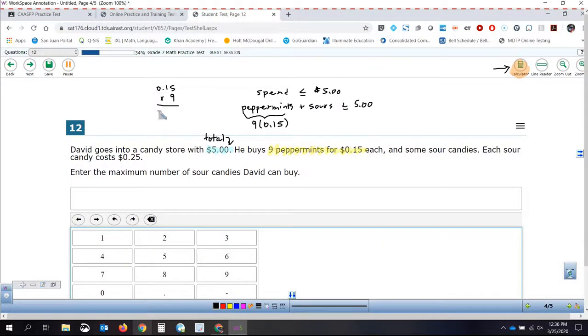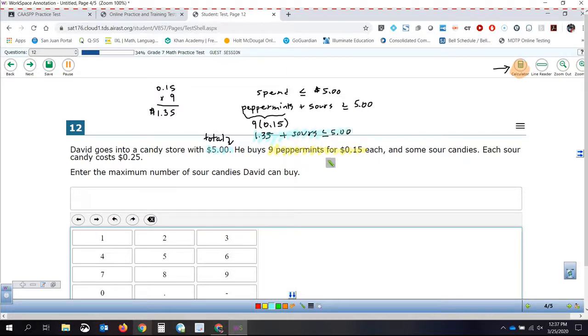So if we go back here, it is 135, and we got that answer from the calculator. Okay, so that means he spent $1.35 on peppermints plus however much he's going to spend on sours is going to be less than or equal to $5.